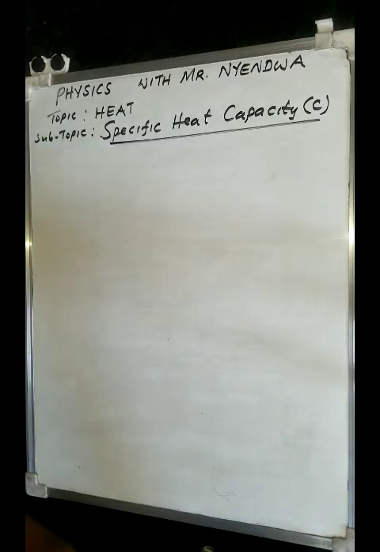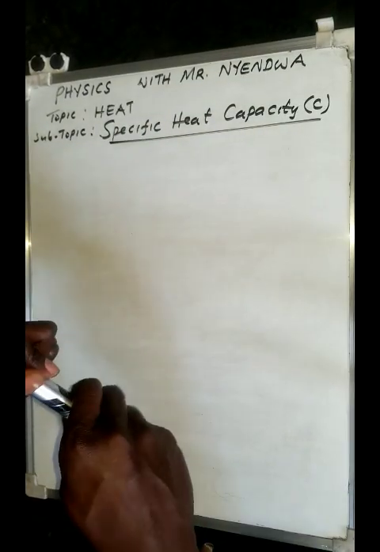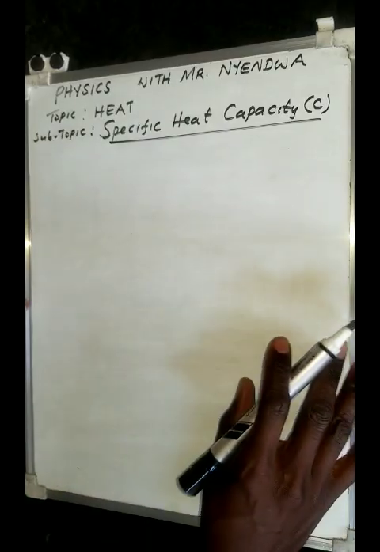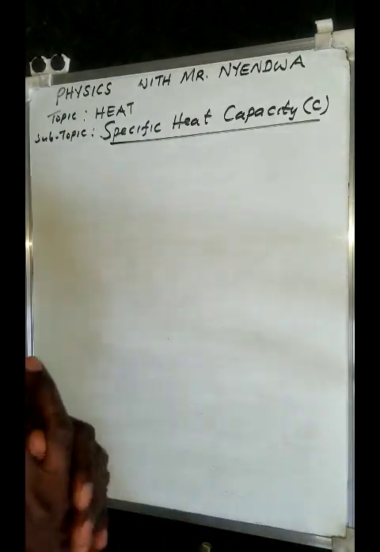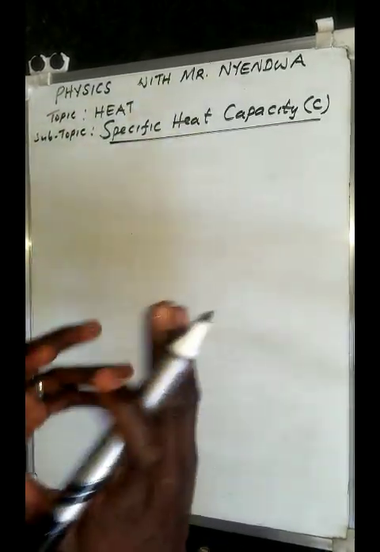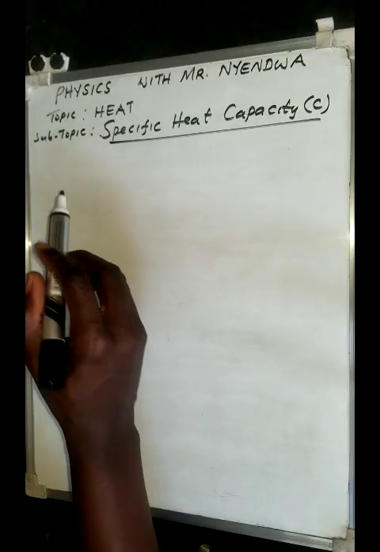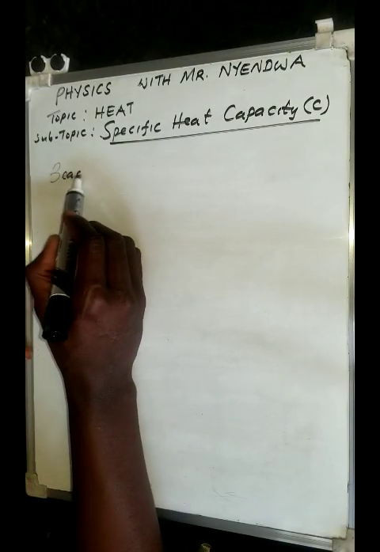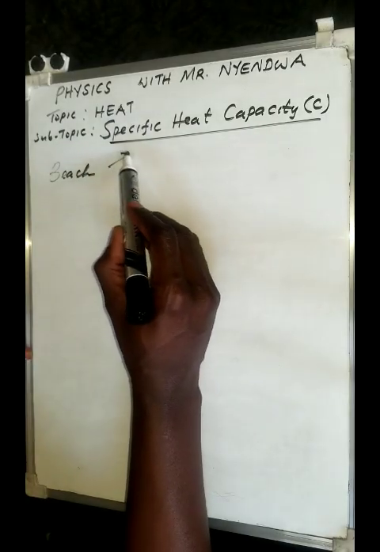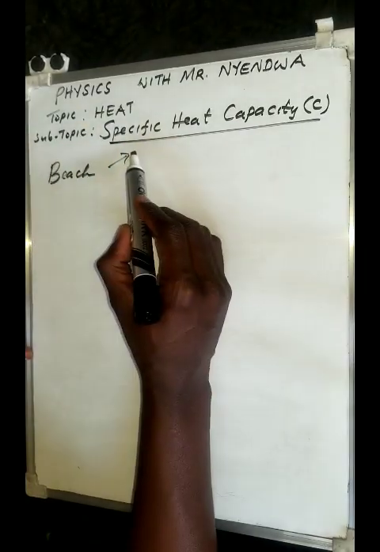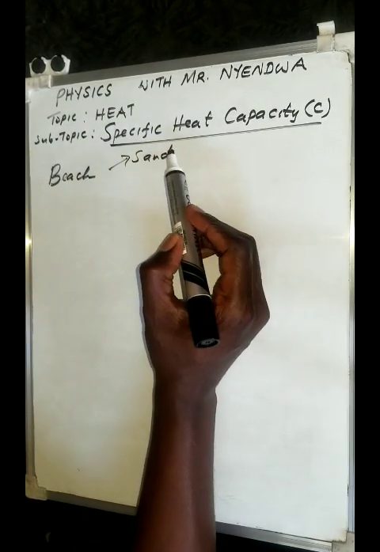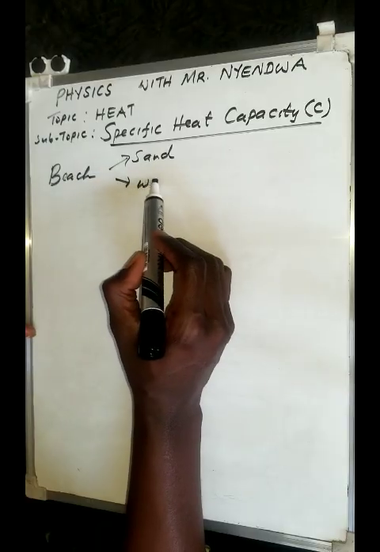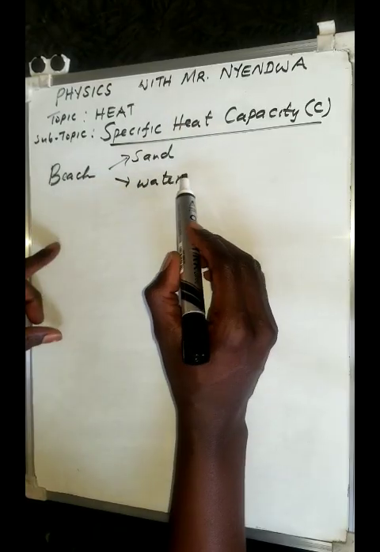So welcome to this segment as we look at specific heat capacity. Before we start looking at specific heat capacity, I want just to give you a scenario. You could imagine that you go to the beach. When you go to the beach, oftentimes you are going to find that there's sand, and you have got water in the sea.